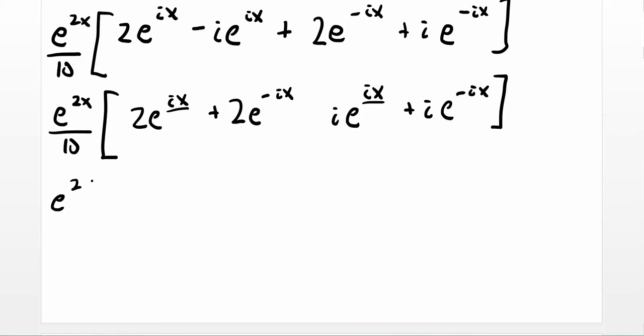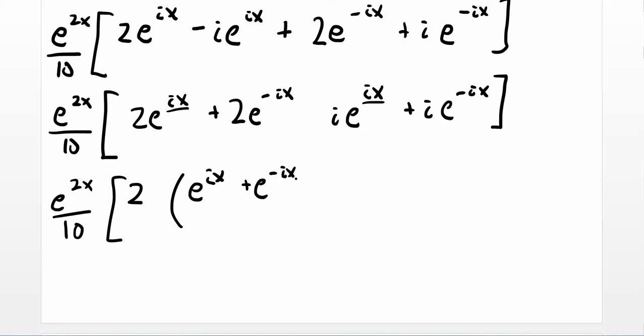So I'm going to factor out a 2 from these two, and I'll have e to the ix plus e to the negative ix. Factor out an i from these two. e to the ix plus e to the negative ix.